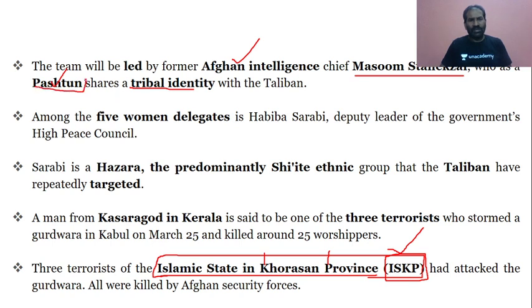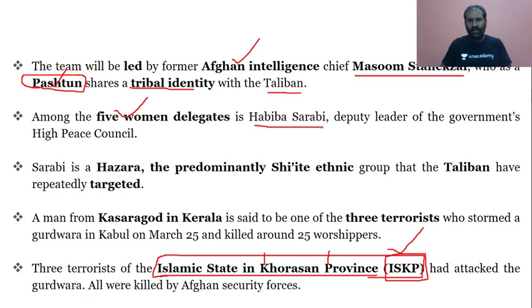The Pashtun tribe is very famous and powerful, and he is part of the Pashtun tribe that would be negotiating with the Taliban. Amongst the team, as we have seen, there are 5 women delegates.